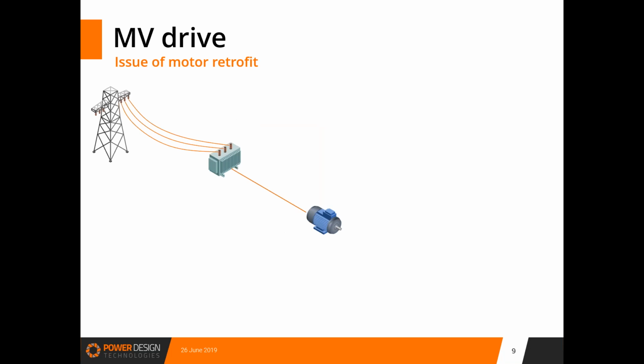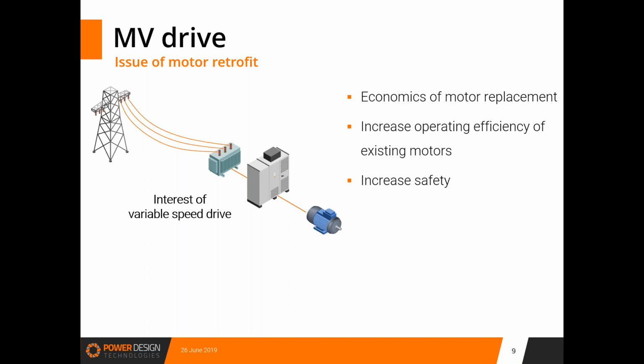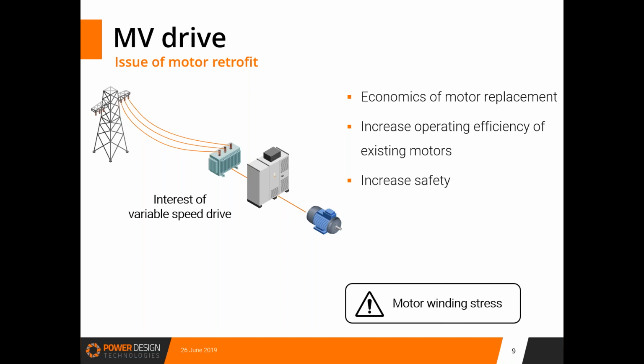In this use case, it's very interesting to introduce a variable speed drive, as it saves motor replacements, but it also increases the operating efficiency of the existing motor, and it also increases safety. But since it used to be a motor powered straight from the grid, we need to be very careful about the motor stress, and especially about the current distortion, the THD. In such cases, using a multi-level topology is very interesting.